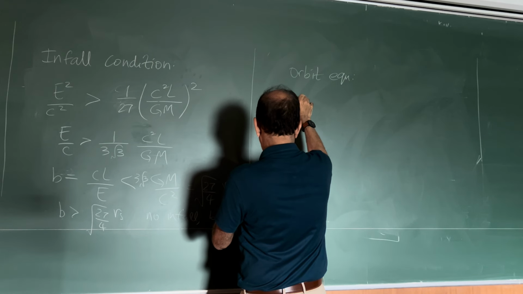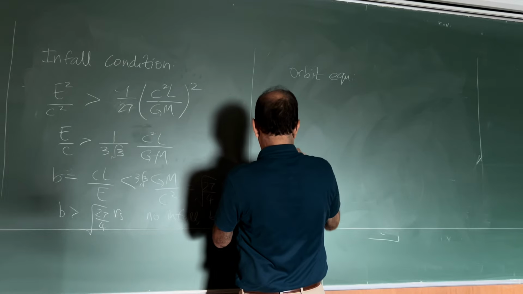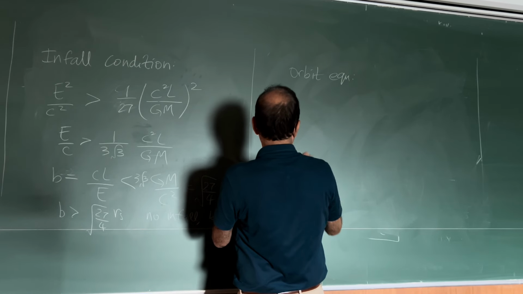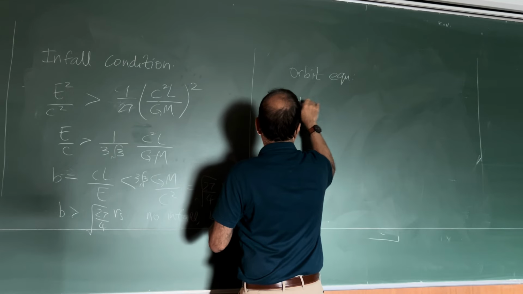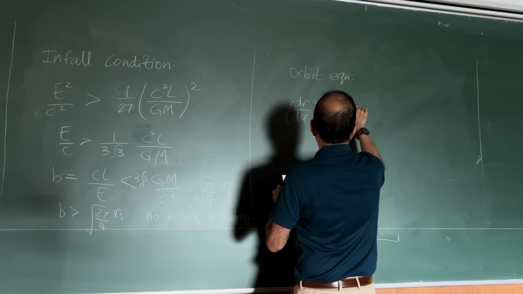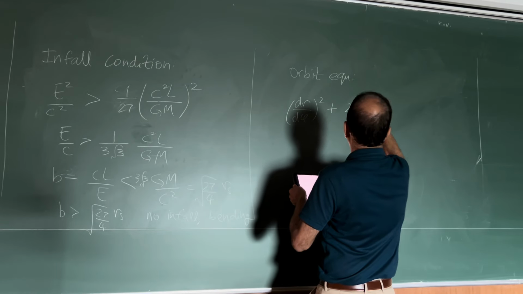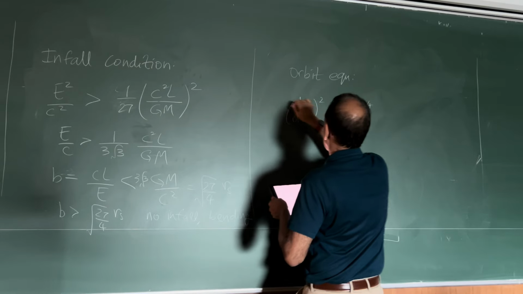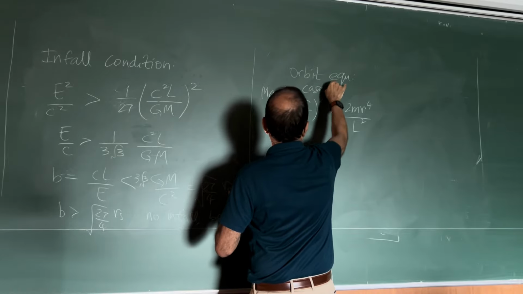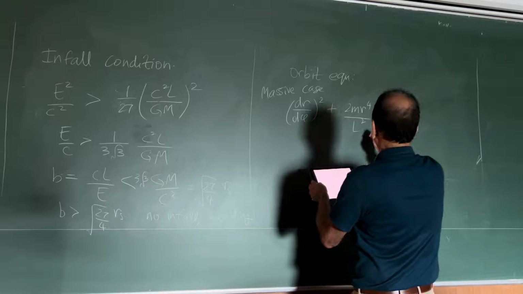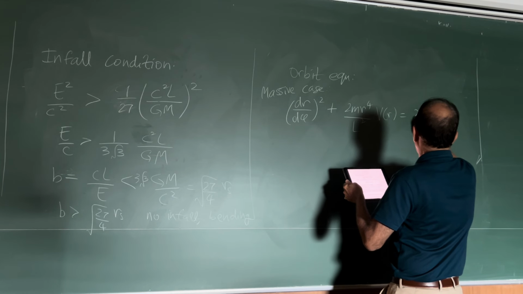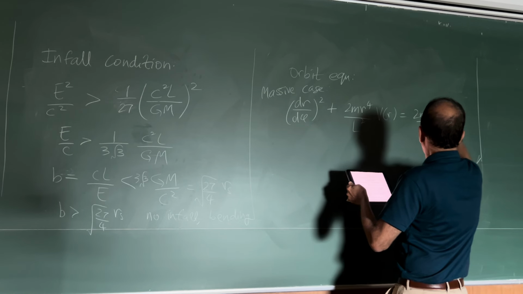And the orbit equation was (dr/dφ)^2 + V(r) = E. In the massive case, it was (dr/dφ)^2 + V of r equals 2m r^4 over L squared times E.